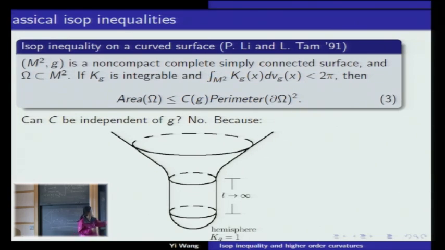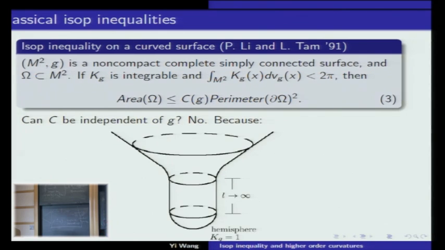Here's an example of why this constant is not uniform in terms of just the integral of curvature. Basically, you attach a conical part with a cylindrical surface, and then finally you close it up by a hemisphere. The distribution of the Gaussian curvature is like this.